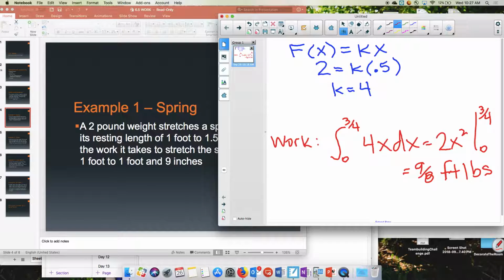Now, what if I asked you, find the work to stretch it 3 inches farther? Then I want you to talk to your neighbors about what the limits of integration would be. Stretch the spring now an additional 3 inches.